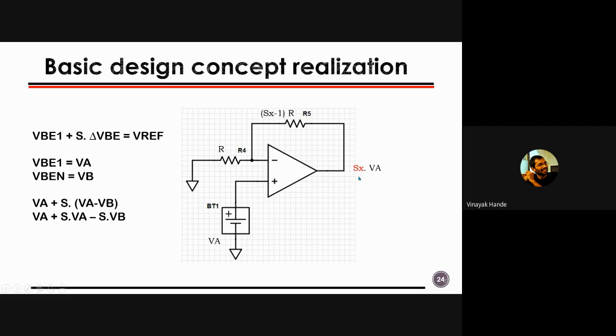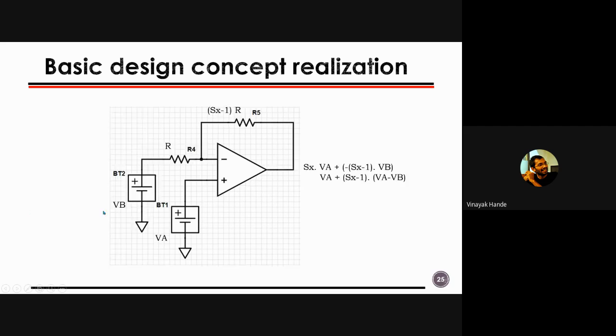right? But we don't actually want S into V. We want S into V minus VB. So just as I know that this circuit looks like a subtractor, I can put the VB over there. Then I can go ahead and derive the equation. And this equation looks very familiar to us. That is VA plus some scaling factor into the difference of VA minus VB, right?